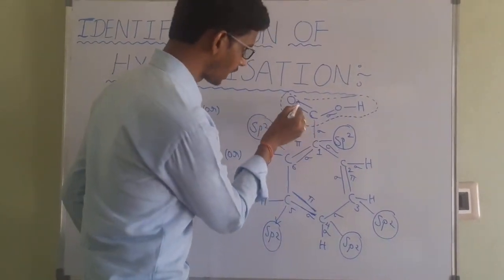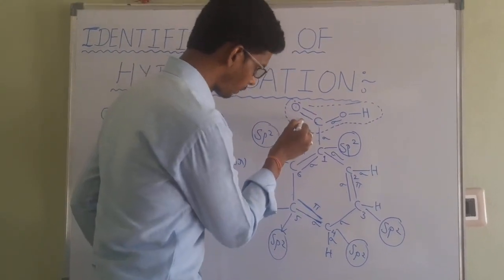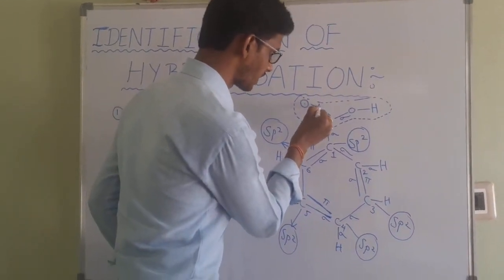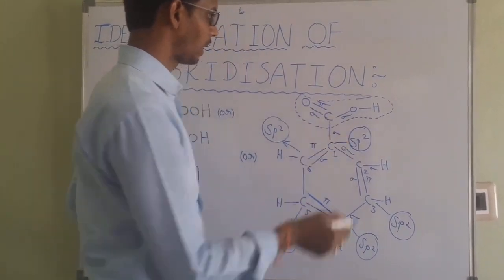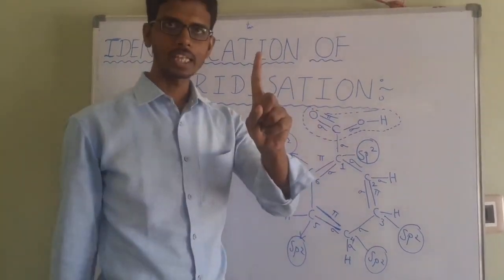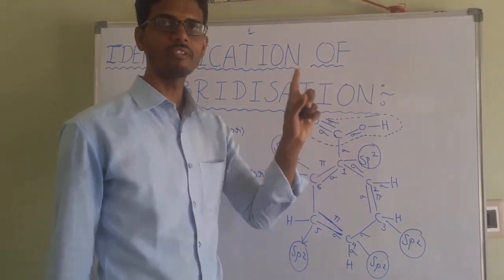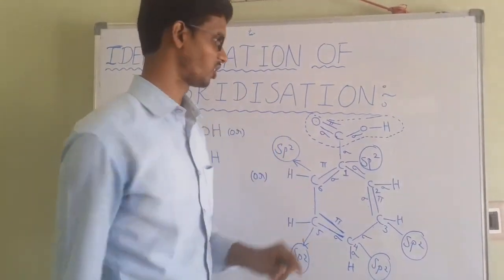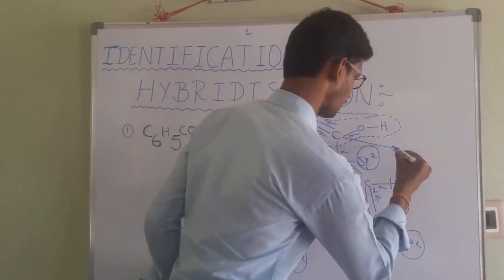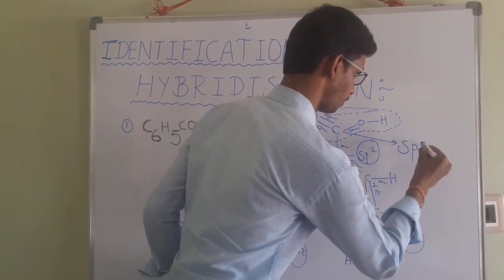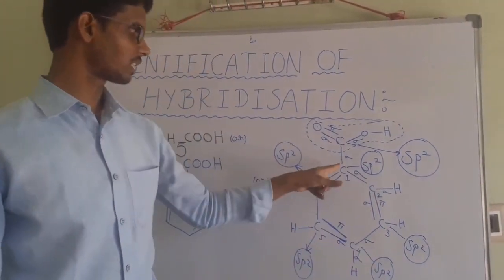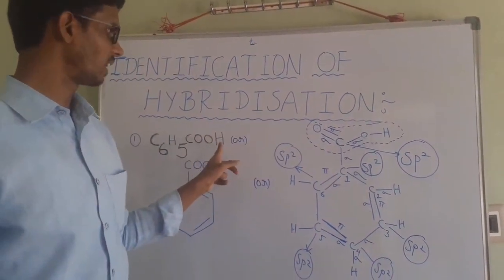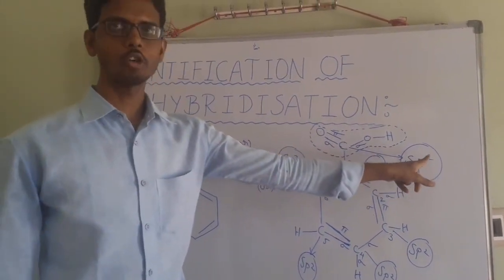In the carbon double bond oxygen, one must be sigma and the second must be pi. So it has only 1 pi bond, and it also has sp2 hybridization. That's why all the carbons in benzoic acid have sp2 hybridization.